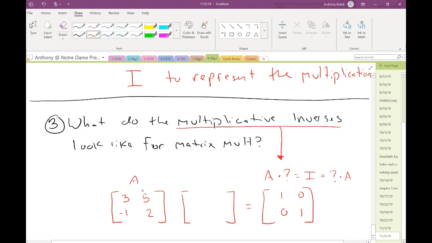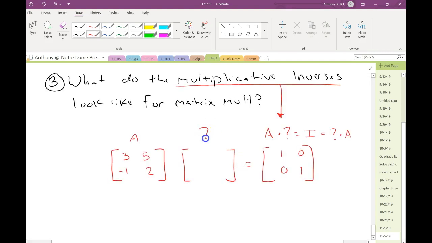Let me do that. Do you suppose it's even possible for this to work? Not all the time, which is going to be weird, right? Not all the time is this even going to be possible to find such a matrix question mark. This one, there is one. That matrix will work.